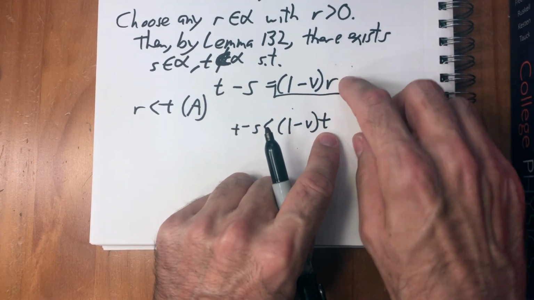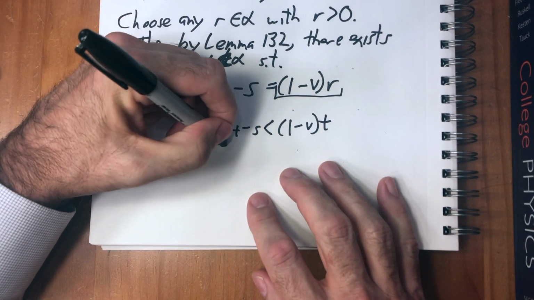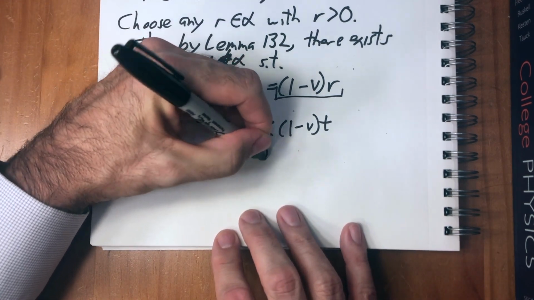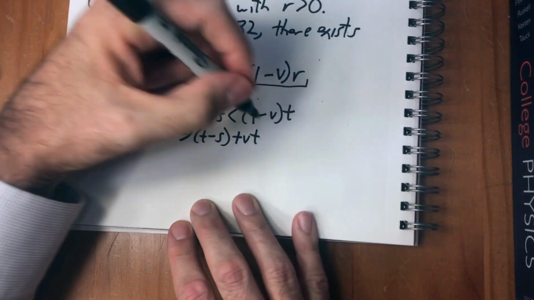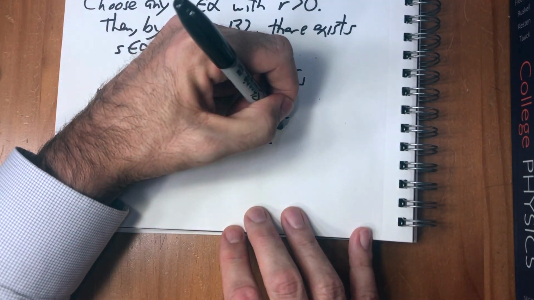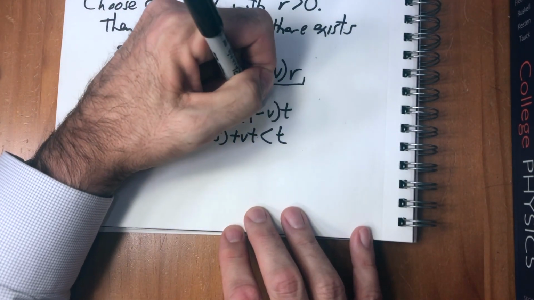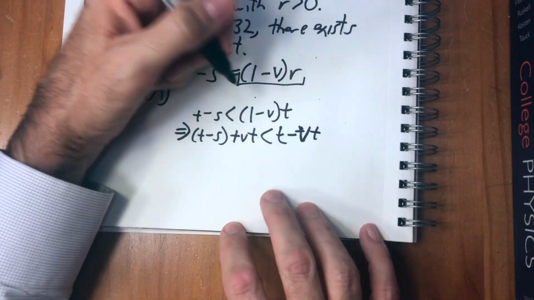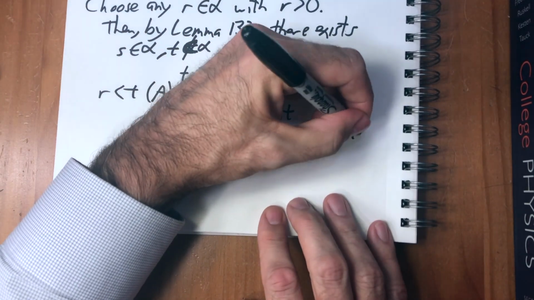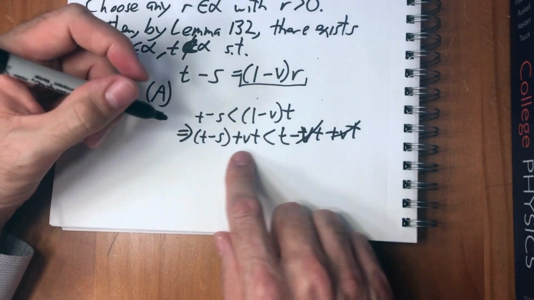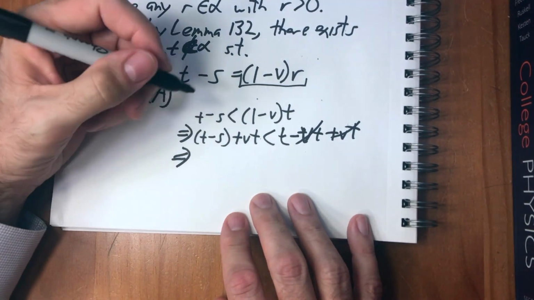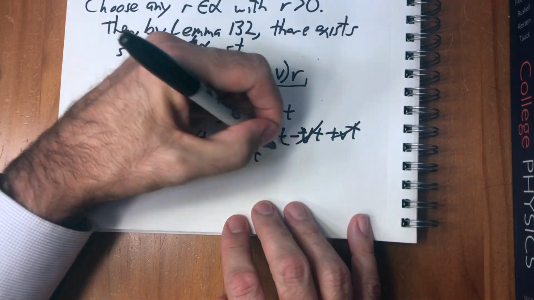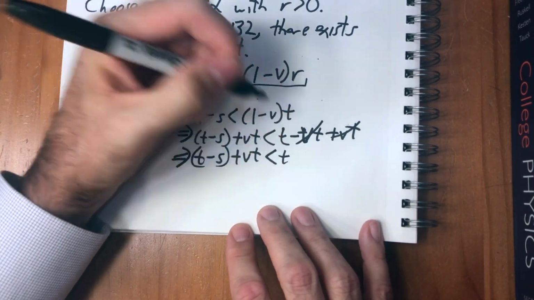Now add Vt to both sides. We have T minus S plus Vt is less than, I'm just going to distribute this, T minus Vt plus Vt. Cancel these, and we have that T minus S plus Vt is less than T.